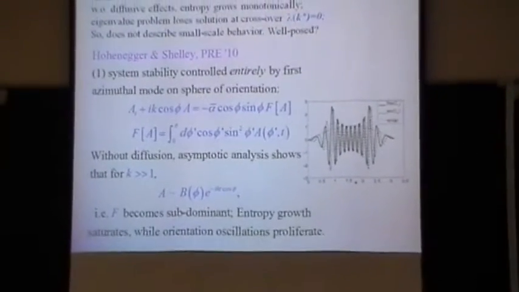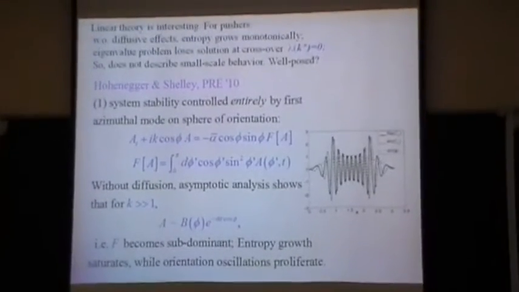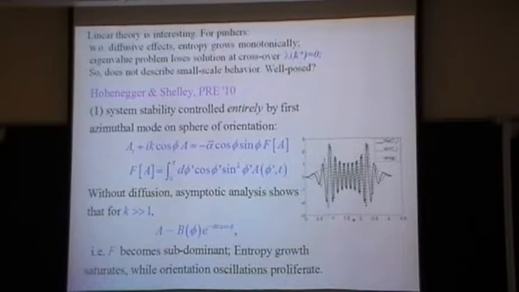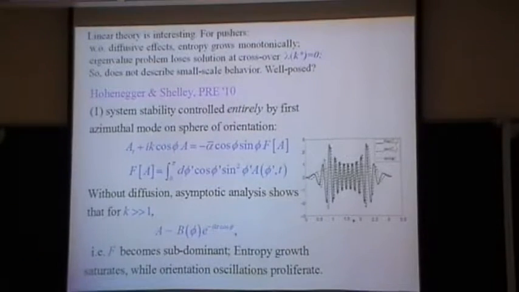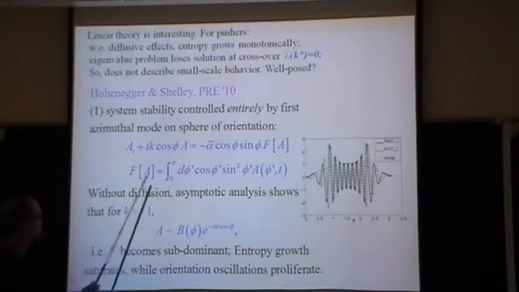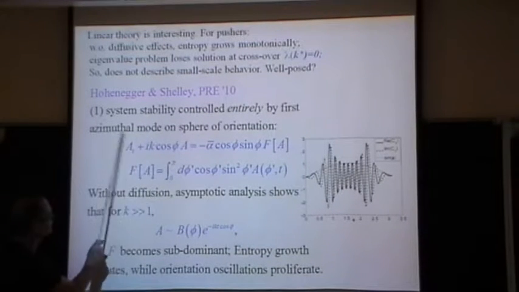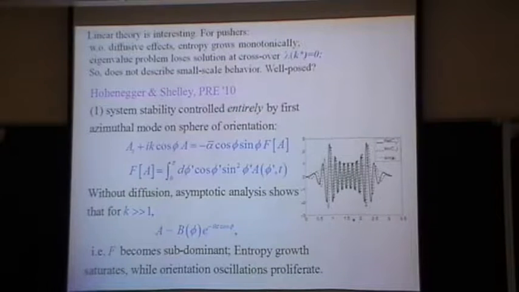Now let me say a little bit more about this. It turns out that this linearized equation is interesting, and you can reduce it even more than we had done in the Santiago and Shelley paper. The linear stability of this problem can be reduced entirely to the dynamics of the first azimuthal mode on the sphere.